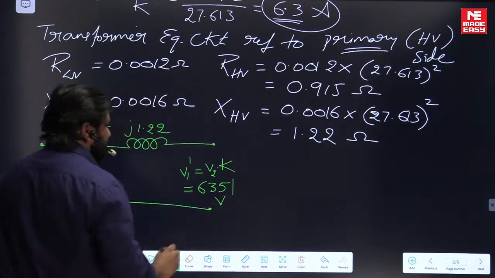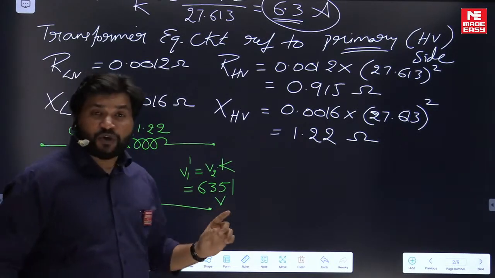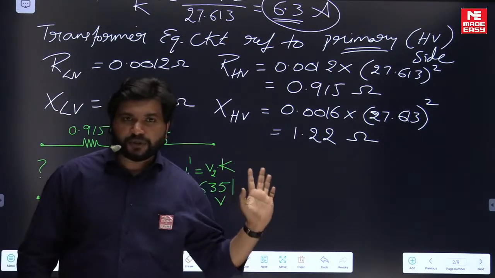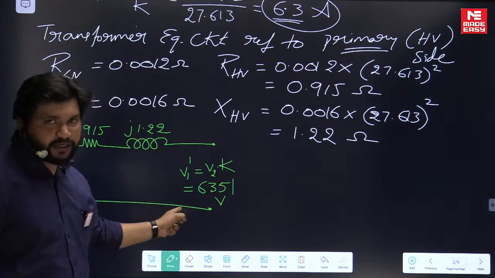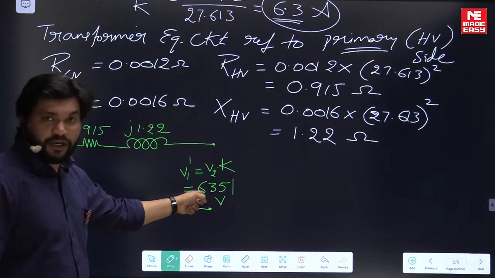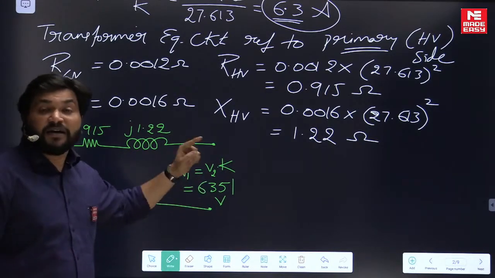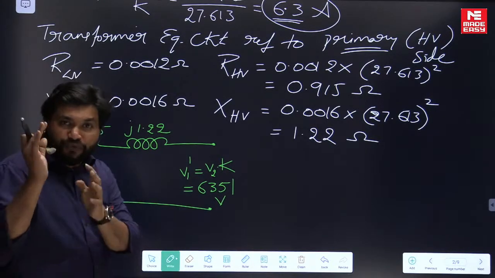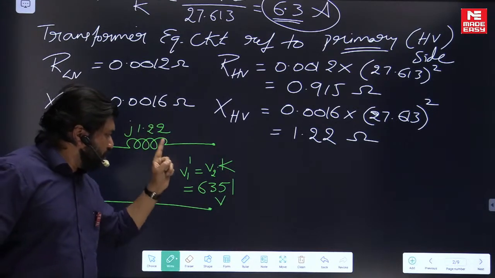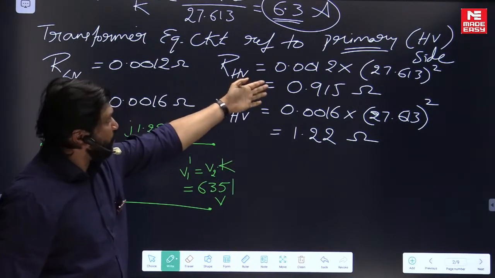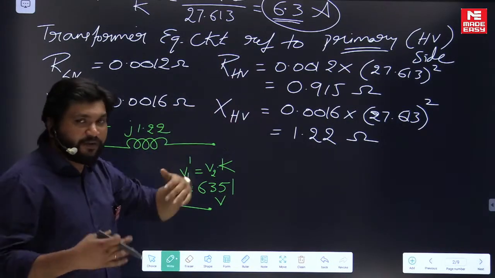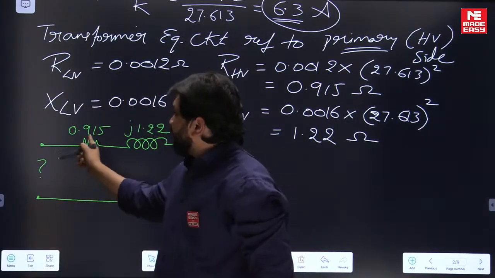And this can be directly taken as 6351 volts. You know the equivalent circuit is always a per phase equivalent circuit. Always. So we are dealing with per phase values only. So this is known now. Because you are asked for the primary voltage, you have to fix this as known. In order to maintain 6351 volts across the load, irrespective of the loading condition, for a given power factor, what should be the primary voltage?